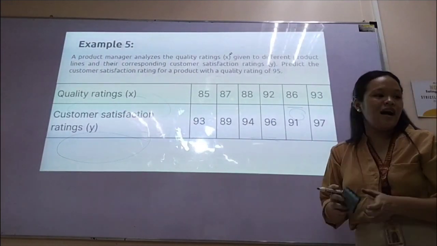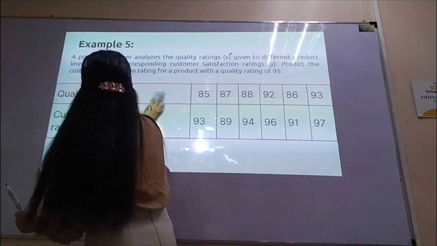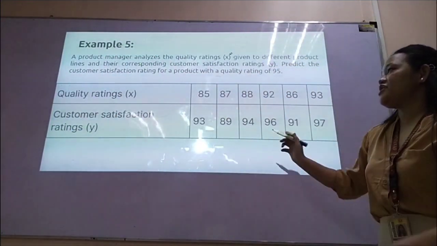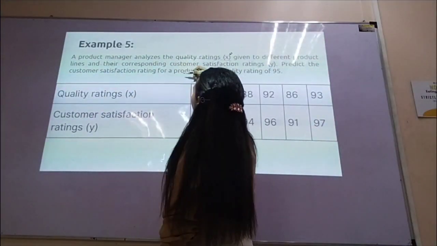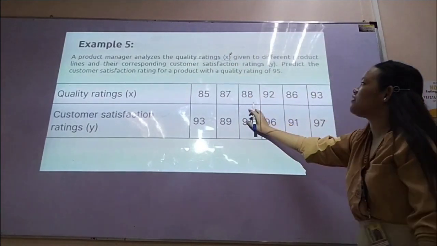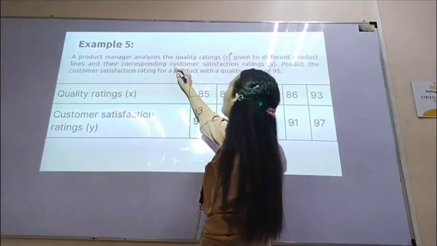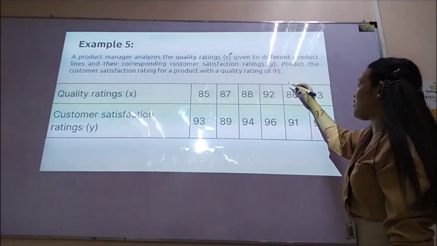Now for our last example, example number 5. A product manager analyzes the quality ratings, this is our x, or our independent variable, given to different product lines and their corresponding customer satisfaction ratings, which is our y, or our dependent variable.